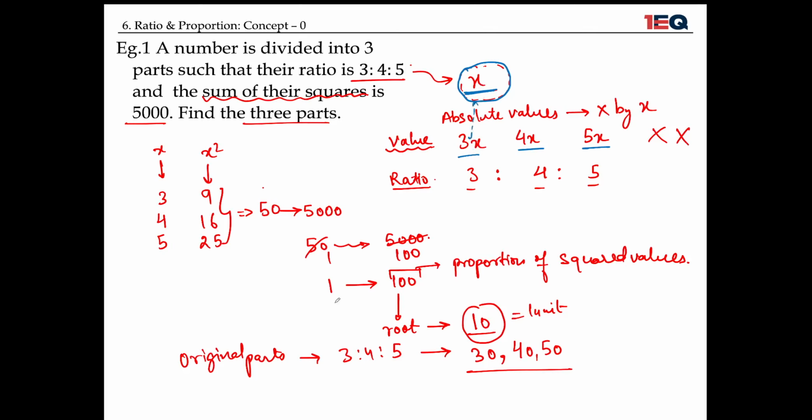Then secondly, if you've already checked the proportion and it is that of a squared value, you will have to take a root of it so as to bring it down to the first power, because the entire question was being solved in second power. So the original part would be multiplied by the root of 100, which is 10, and 1 unit would be equal to 10. 3 is to 4 is to 5 would be 30, 40 and 50.